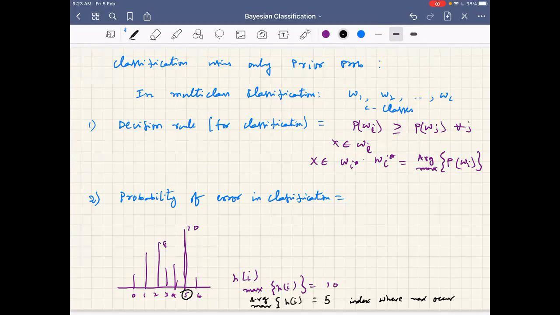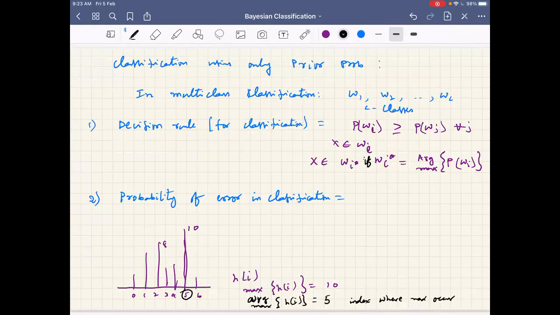That means I look for the maximum in h i, but take the argument as the output. This can be written as small a as well, or sometimes with a capital. Is this clear now? Yes, sir. So now X belongs to omega i star if omega i star is the arg max of P of omega i.